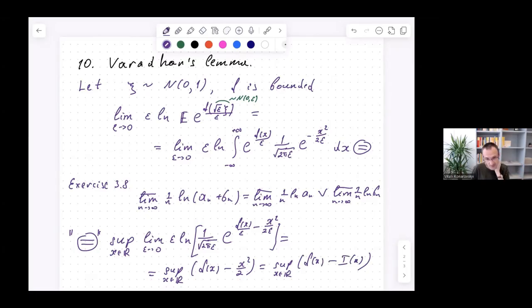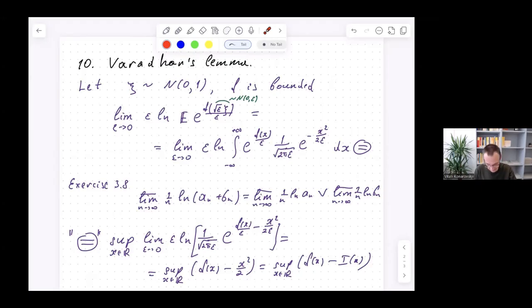Oh, and at least this homework, these formal computations give us the hint of what we have to obtain. We have to obtain that considering this type of limit for functions f, you should expect to have this type of supremum, if our intuition about the interchange of limit and the integral is correct.